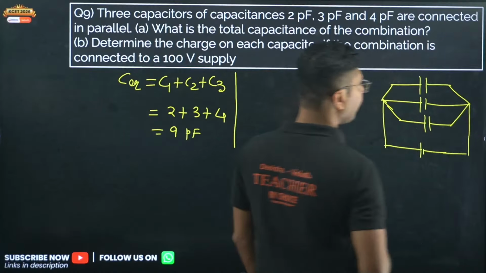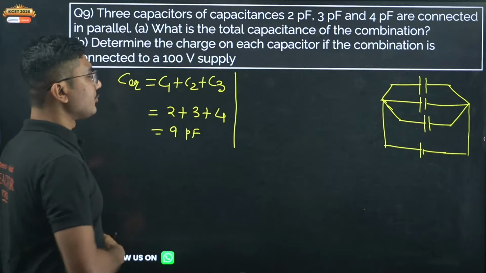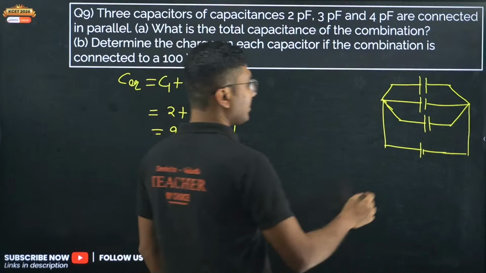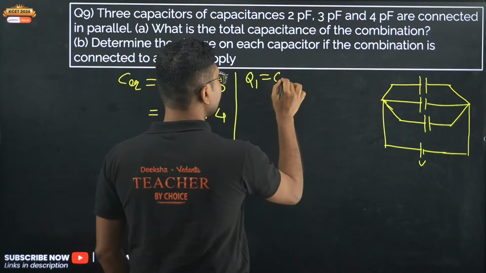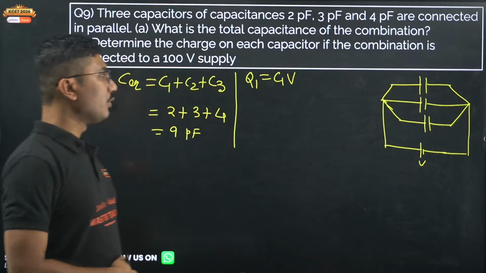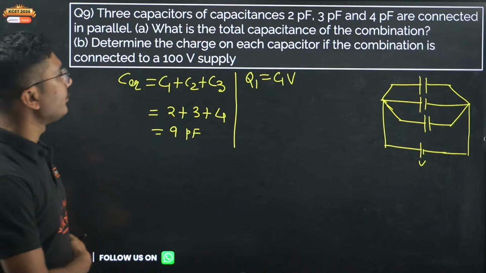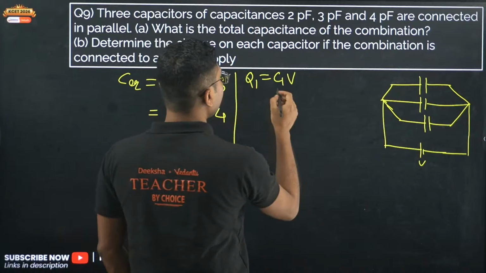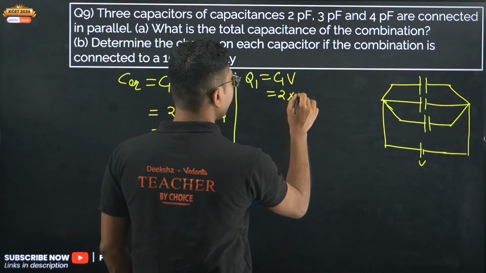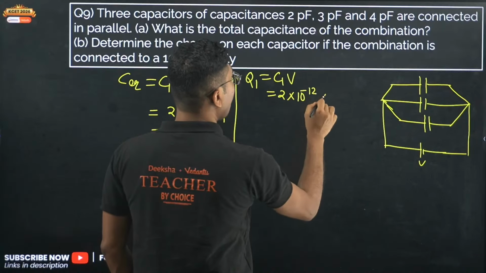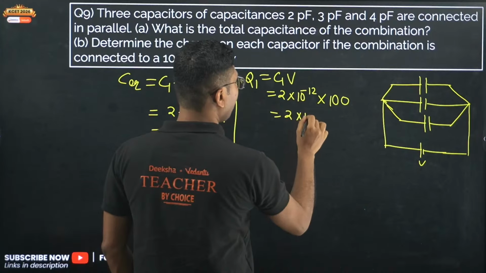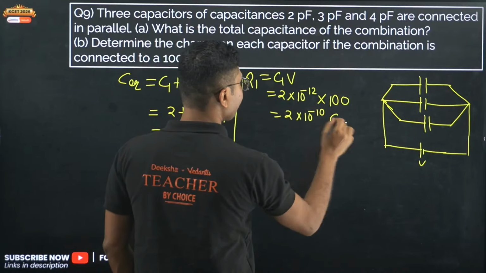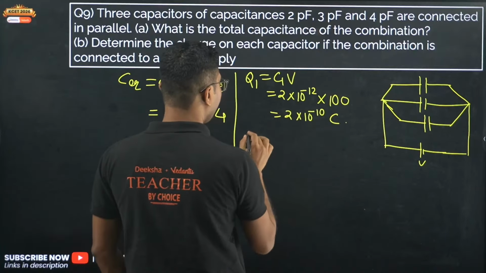So when we calculate the charges, Q1 equals C1 into V. C1 is 2 picofarad, 2 into 10 to the power of minus 12, and voltage is 100. So the charge will be 2 into 10 to the power of minus 10 coulomb, or 0.2 nanocoulomb.